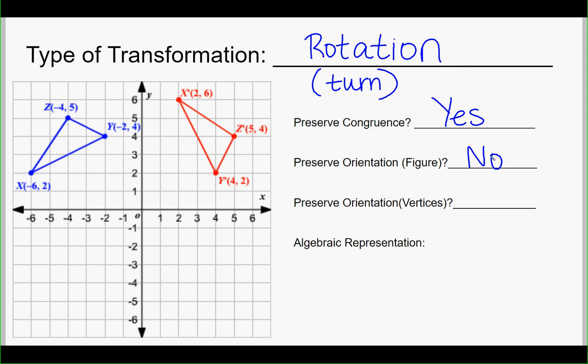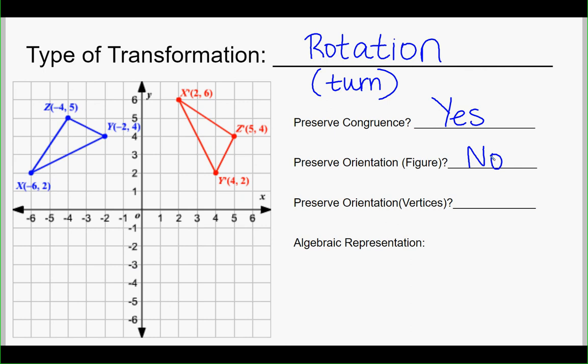But let's look at the vertices now. Look at the way they are arranged in their order. Did that change? Yes. We could go ZYX, ZYX. Can I get ZYX going this way? Well, you could, but you have to start from the right side.